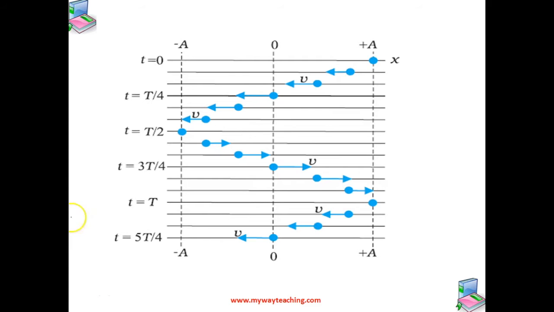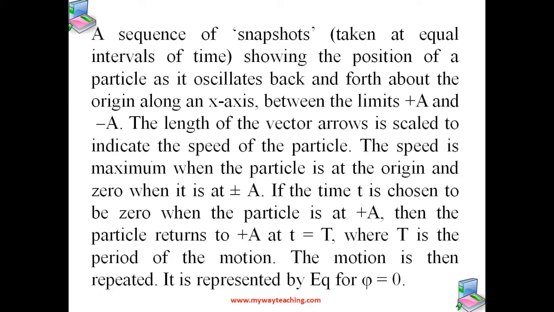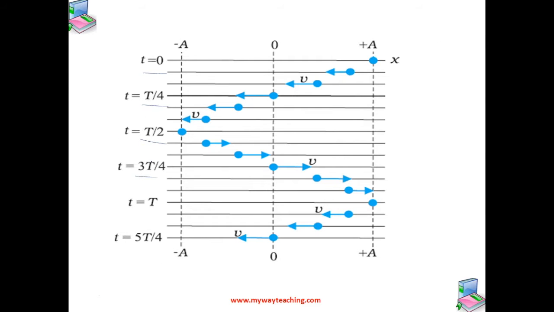So you can see t is equal to 0, T by 4, T by 2, 3T by 4. So here in this figure, you can see a sequence of shots which are taken.